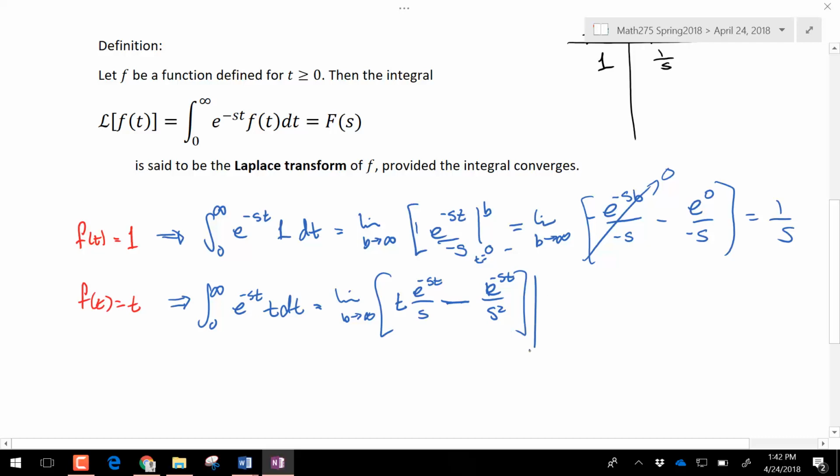So we're going to evaluate this from 0 to b and then take the limit. So we put limit as b approaches infinity.